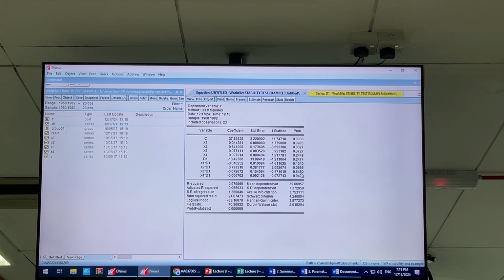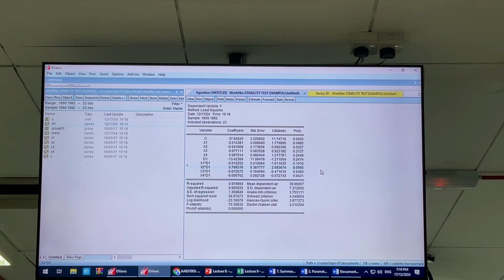Only this one is not significant at 5%, but significant at 10%. If you use 5%, you get a conflicting result between the F and the t test. But at least this one is almost significant at 5%.